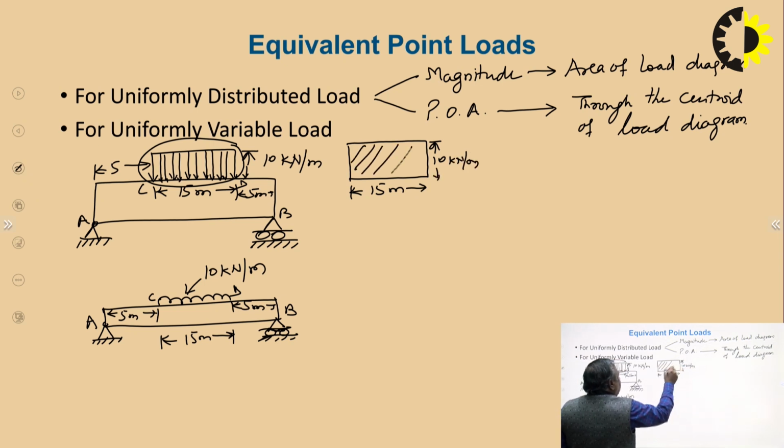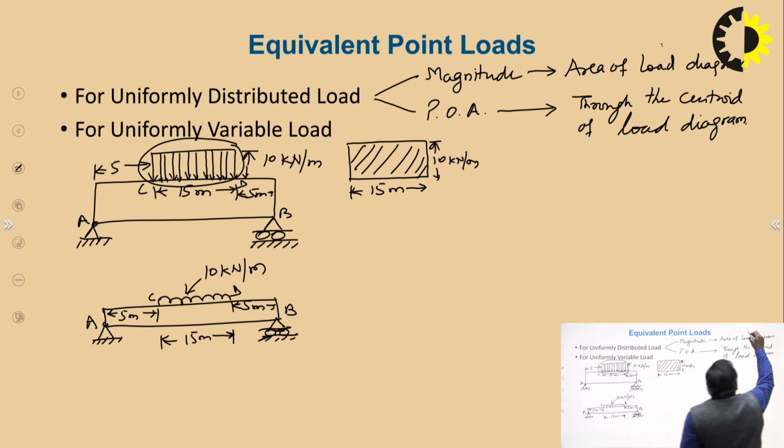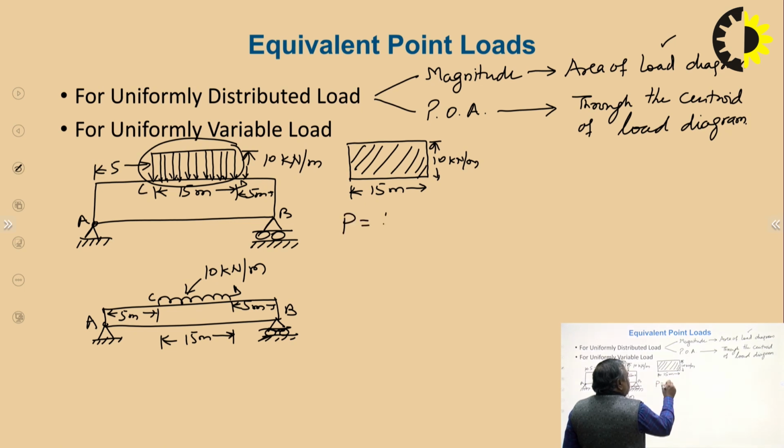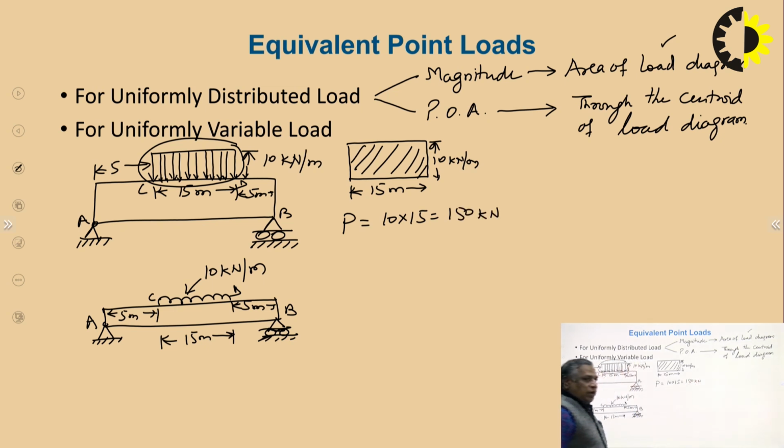So the area of this load diagram will give you the magnitude of the equivalent point load. This area is 10 into 15 equals 150 kilonewton. Where will it act, the point of application?